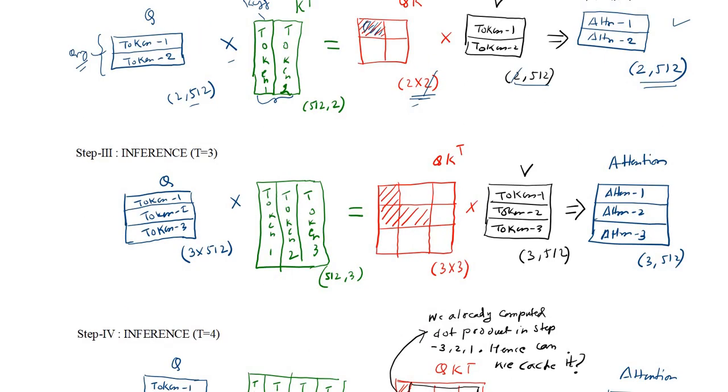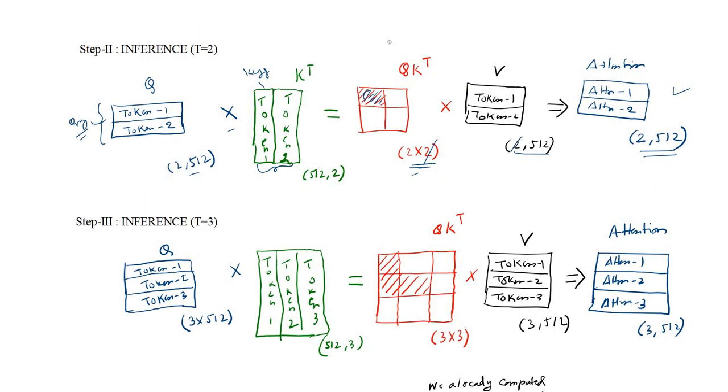Now let's look at the scenario for inference 3. Inference 3 means 3 tokens. So 3 into 512 times K transpose, where the key tokens are 1, 2, 3. The inner dimension 512 cancels, so we get a 3 cross 3 matrix.